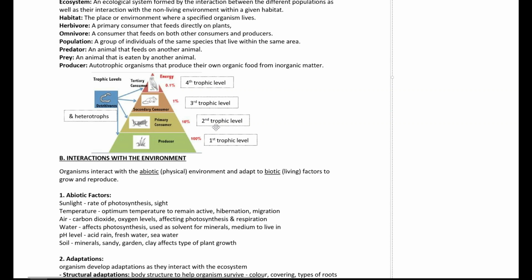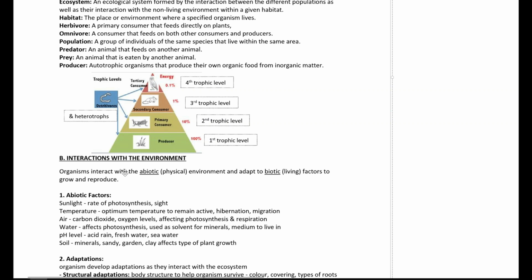From the second trophic level, that is when you get the primary consumer. A common mistake made by students is thinking primary consumer is the first trophic level because primary suggests one. But bear in mind, trophic level includes producers, so the numbers go up this way.